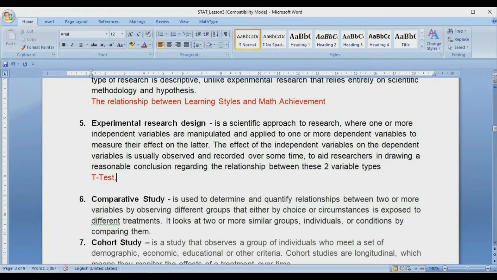So, kino-compare mo yung means nila. When you're comparing the means, t-test ang ginagamit. So, more likely, pag experimental, nagbibigay ka ng pre-test, post-test. At may mga treatment group, traditional group, control group, before and after, yung mga ganun ang ginagawa.